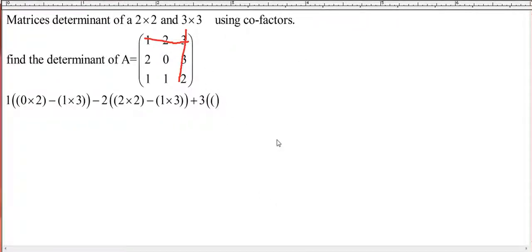So the answer is 2 times 1, and then we subtract 1 by 0, which is 0. So we're now subtracting 1 by 0.